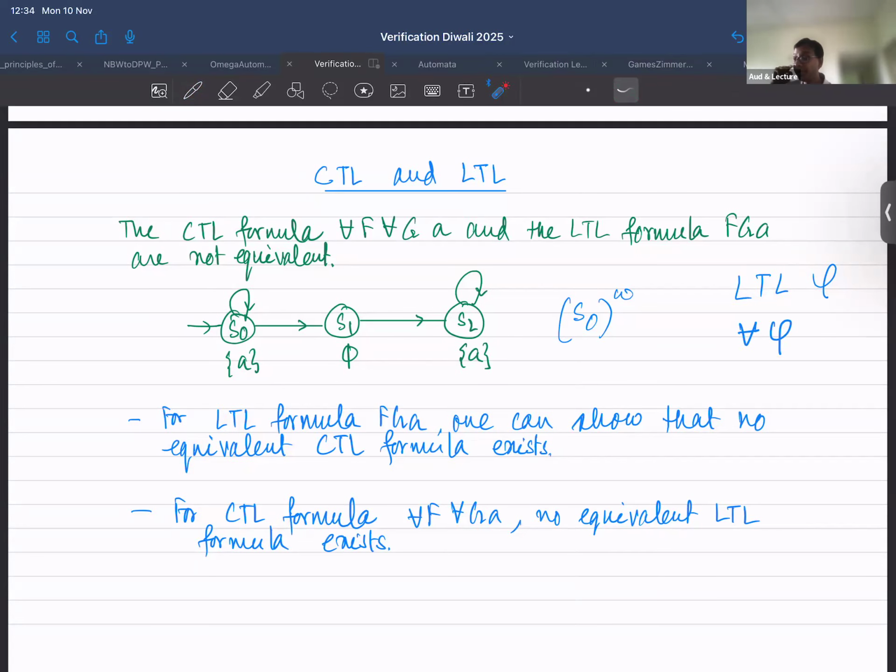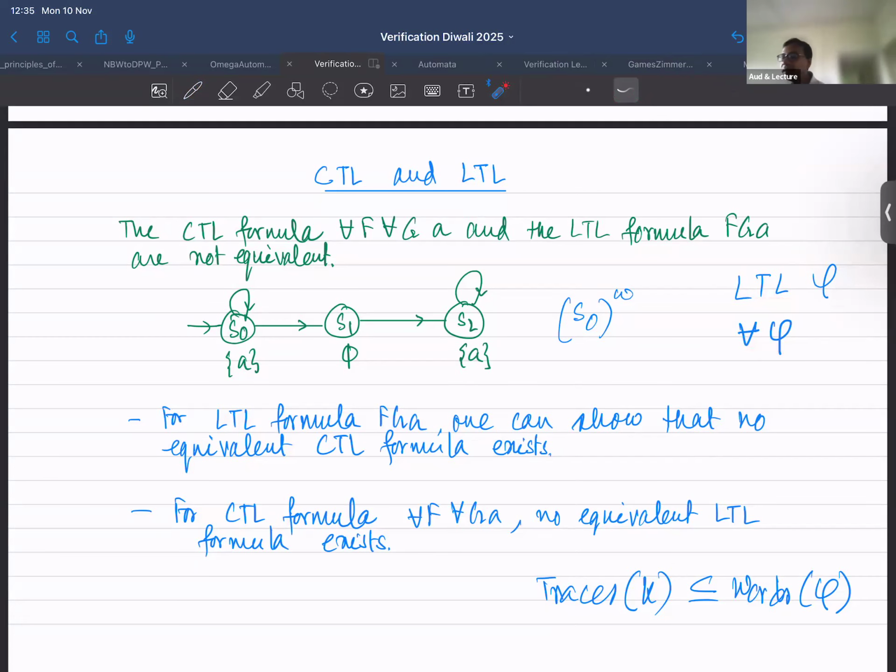The model checking problem is about the traces, so we saw that traces of K should be a subset of words of phi. So all the paths should satisfy the formula phi.